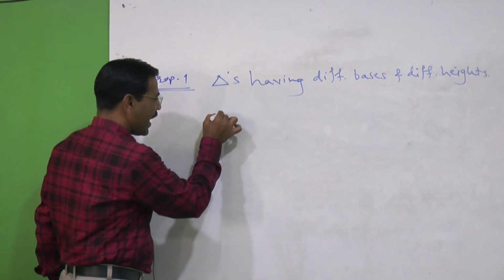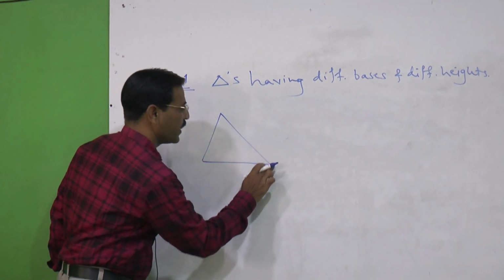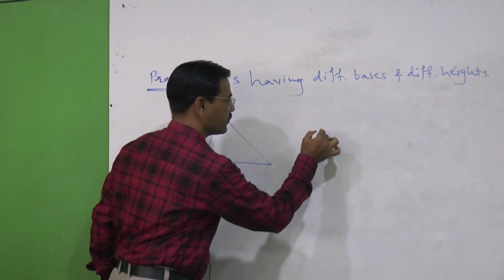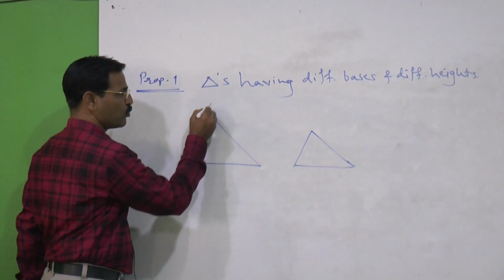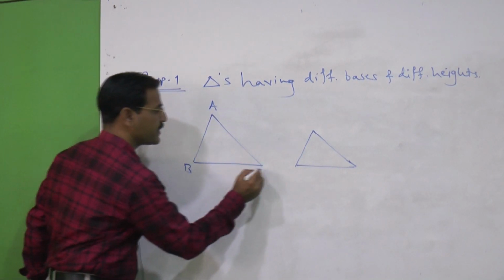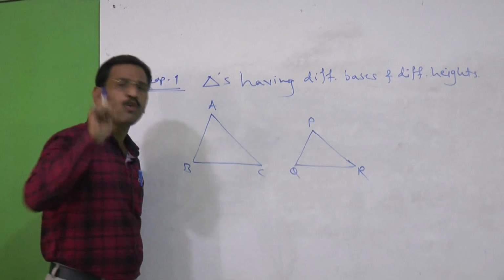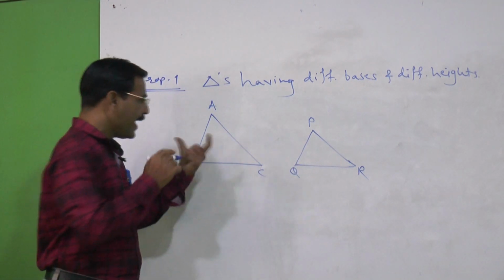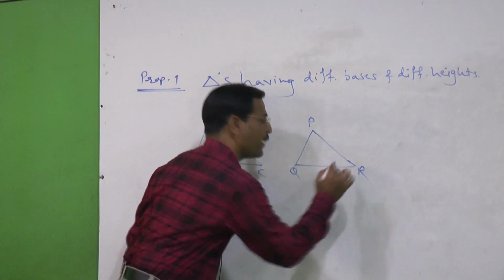See here, I'll take two triangles. Just listen very carefully. Here are the two triangles. I'll write the names of the two triangles: ABC and PQR. What are you observing here? Suppose I take this as a base, and here we take this as a base.